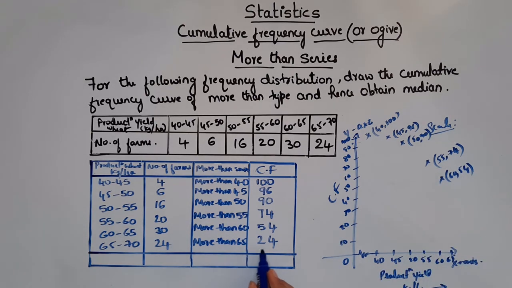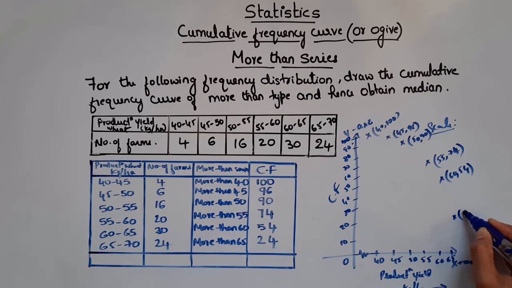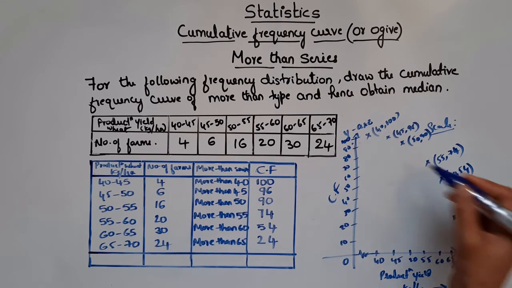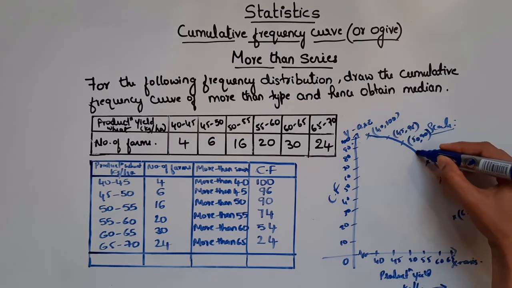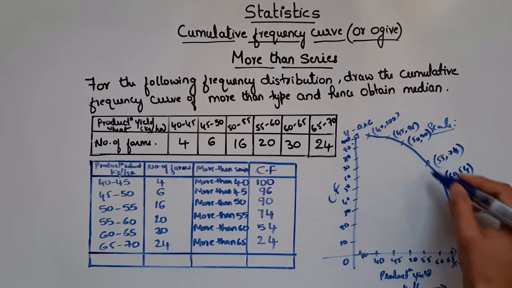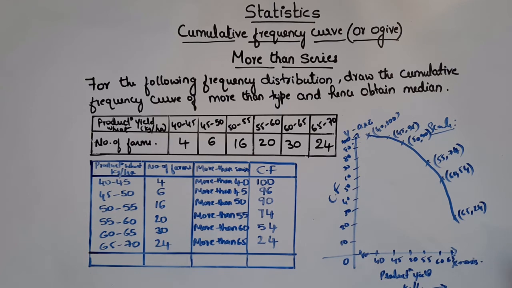And we have 65, 24. So 65 is here and 20 is here. So 24. So somewhere here. So 65, 24. Now let's join all these points. So this curve of cumulative frequency is called as ogive or cumulative frequency curve.